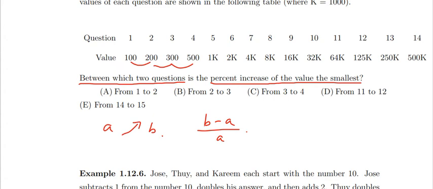Okay, so from 1 to 2 is 100%. Then from 2 to 4 is the same, 4 to 8 same, 8 to 16 same. 16 minus 8 divided by 8 is still 1, right? And here is also 1. This is also double, this is also double. So which one is not a double?